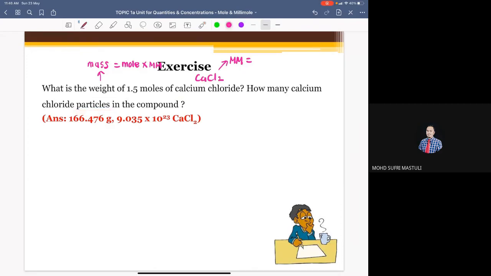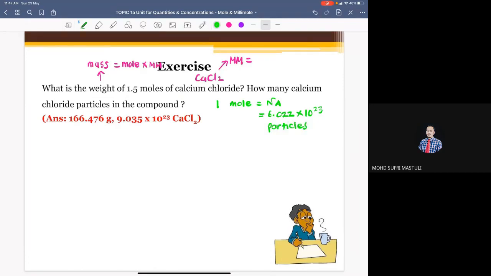As we know the relationship, 1 mole is equivalent to Avogadro number, 6.022 times 10 to the power of 23 particles.